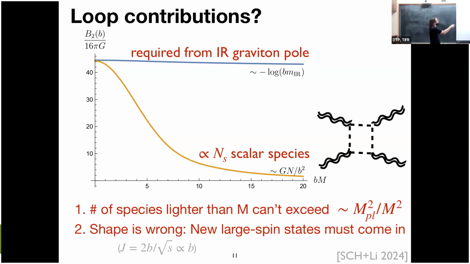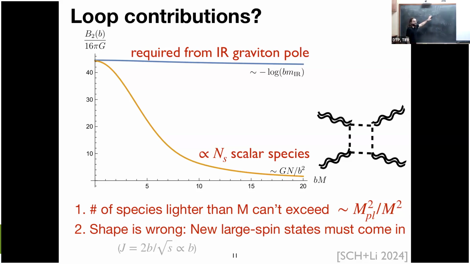On the other hand, when you calculate a scalar loop, it's proportional to a different looking curve. And the overall normalization, the yellow curve, is proportional to the number of scalars. So in terms of parametric estimates, the gravity amplitude is like G Newton S squared, as we had before, and then there's some G Newton squared times the number of fields times S, and you get something like this.